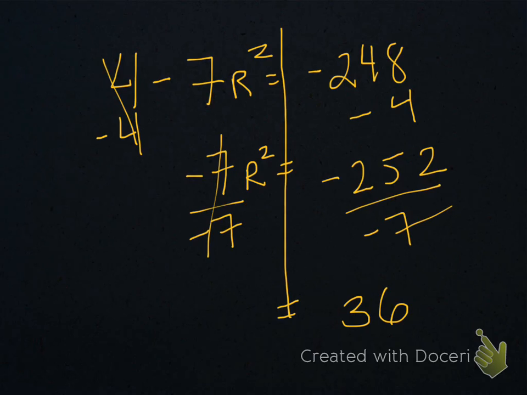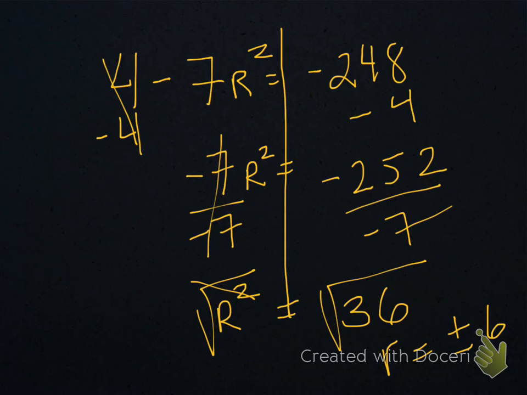So those cancel out, leaving me with my r squared, which I'm going to take the square root of to get r by itself. And I wind up with r equal to, what's the square root of 36? Don't even need a calculator for that. Square root of 36, r is equal to plus minus 6. Final answer. Wow, that's a much nicer one to end with than that imaginary solution we dealt with before.